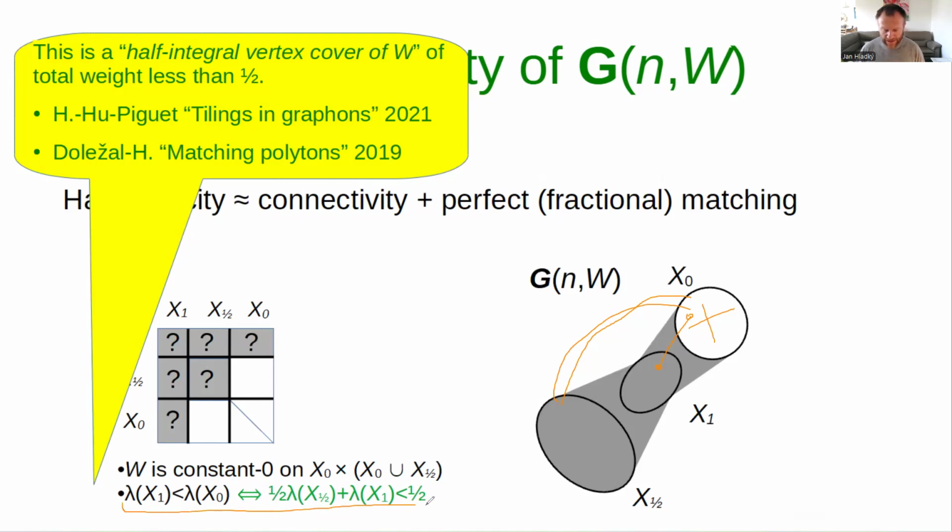These two inequalities are equivalent, and the green inequality is really very close to saying, well, if the sets x0, x1/2, and x1 represent some measurable counterpart to a fractional vertex cover, then the total weight of this vertex cover is less than 1/2.